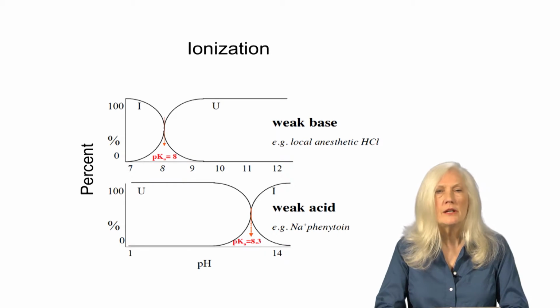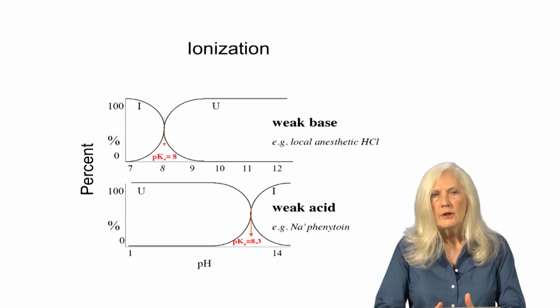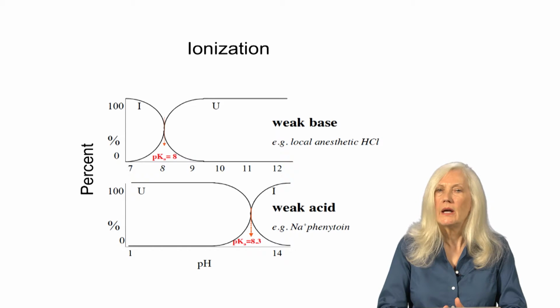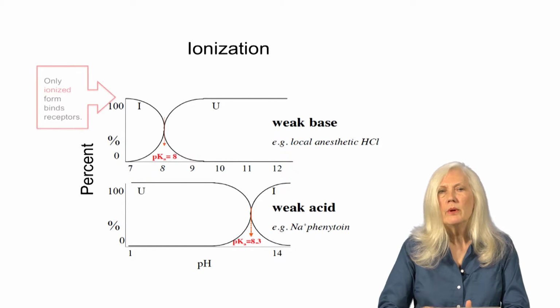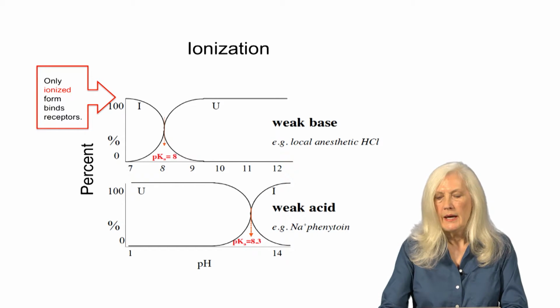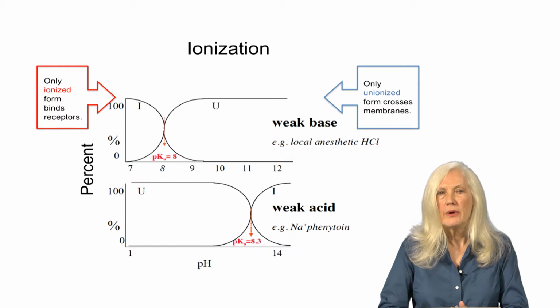The local anesthetic used in this example has a pKa of 8, so 50% of the drug is in the ionized form and 50% is in the unionized form at pH 8. Remember that it's only the ionized form that binds to the receptor, and only the unionized form can pass through the membrane.